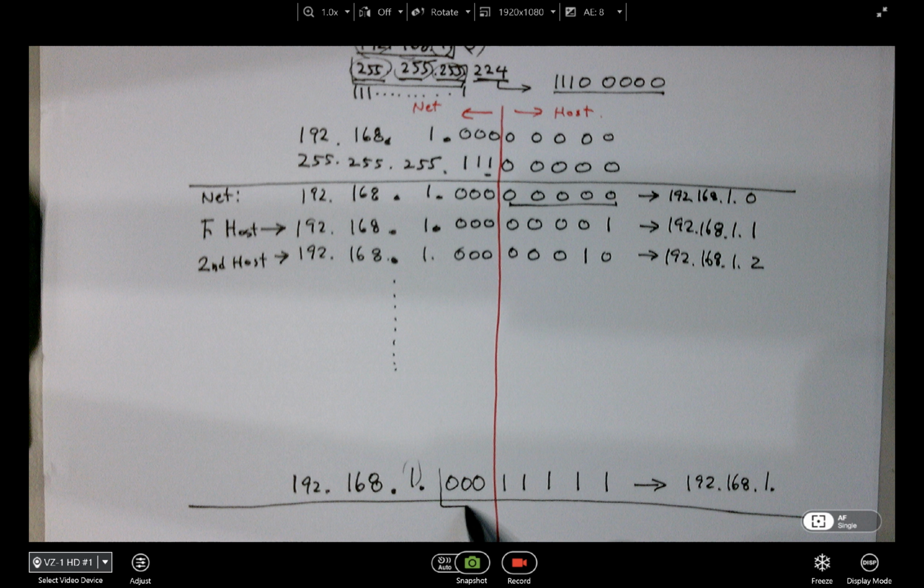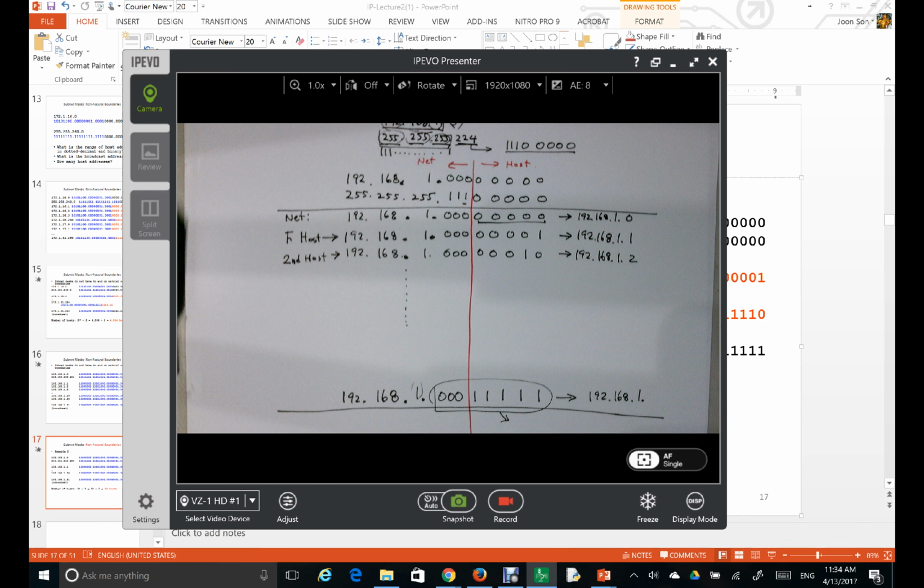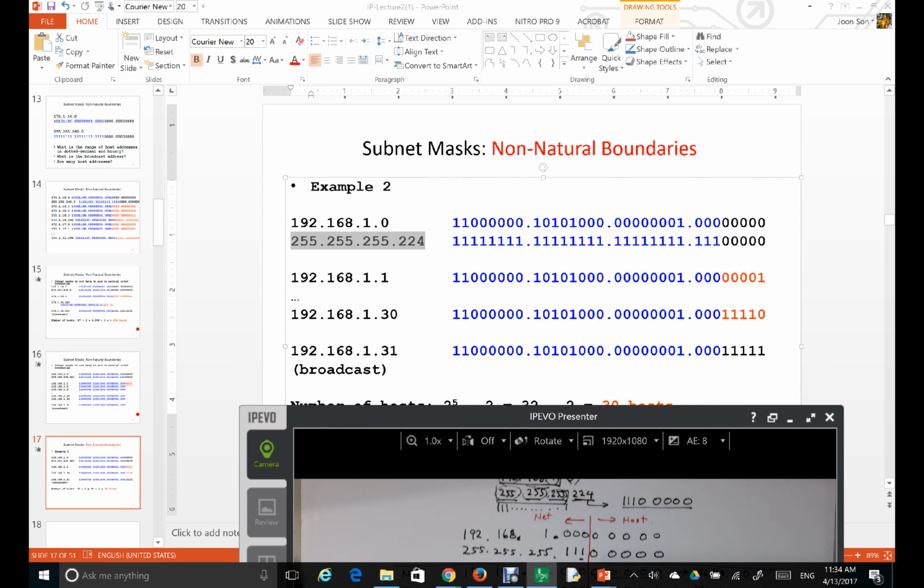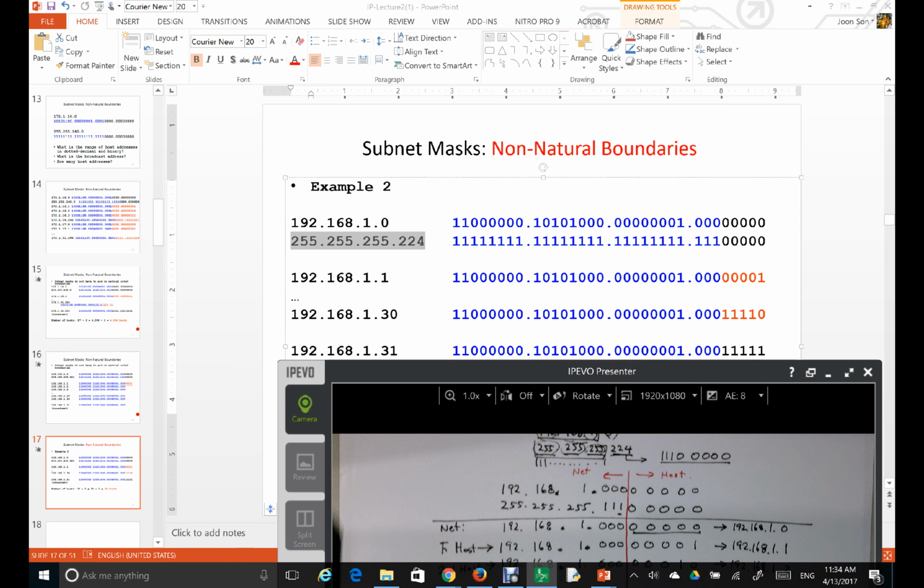And I have to convert this to a decimal number. I'm going to skip this part because you know that you have to convert the binary to decimal. So when I look at the answer, it is 31.